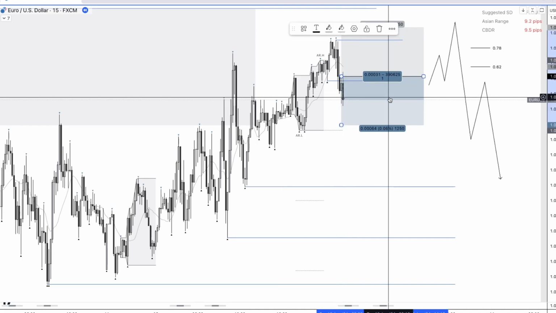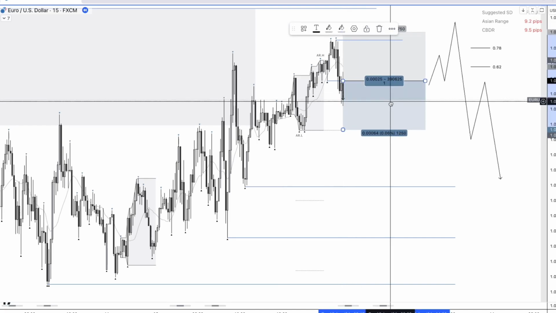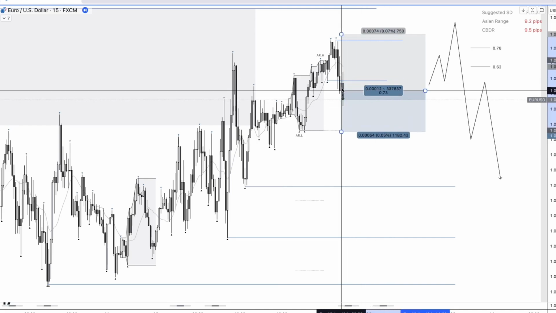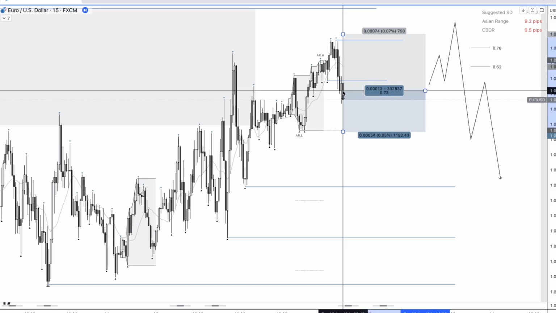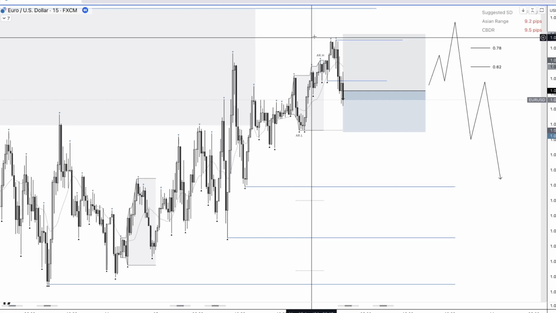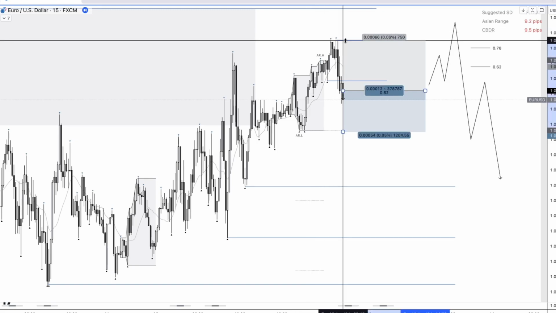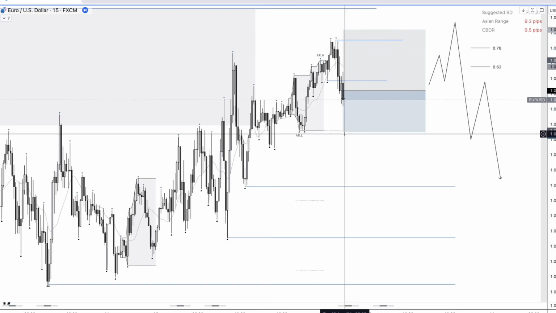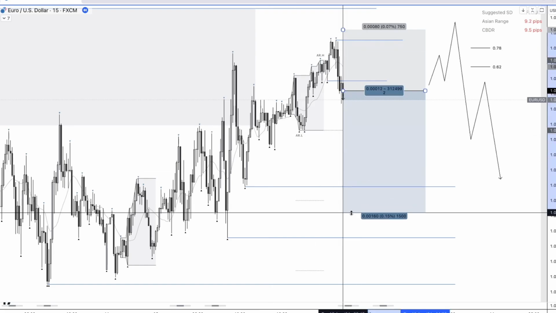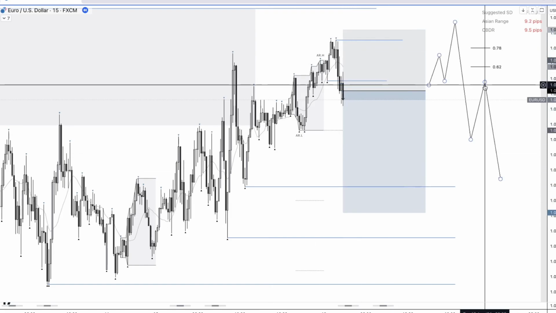For me, I'm happy to kind of take a risk on that. I think I got a late entry around here, 8344. That was my entry, with a stop of about, I think, 8 pips, right? And then I was just targeting my 2R standard.